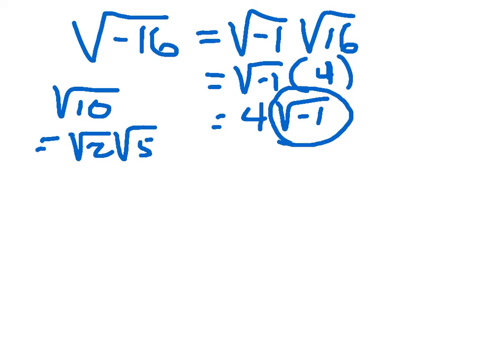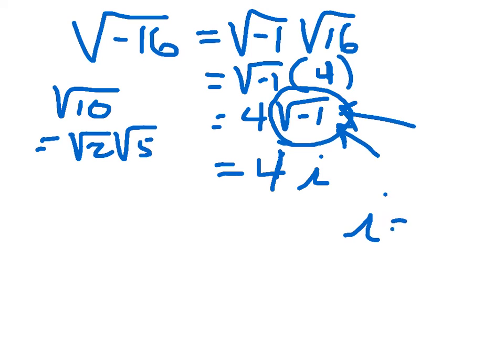Now, even though you can't conceptualize what that could be, we don't know what it looks like other than what we're looking at right here. It's like stretching your mind around something that doesn't make sense based upon what you've learned before. So we basically just leave it like that, except that mathematicians have come up with a short way of saying it, and they call it i. i equals the square root of minus 1.